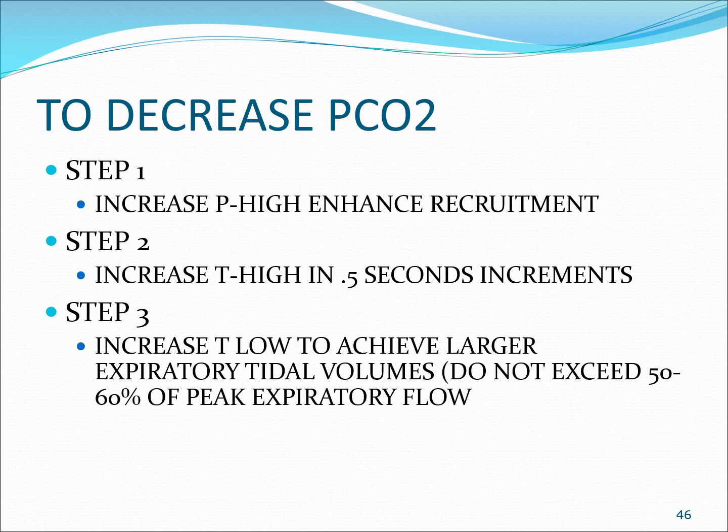Step 3, which you really don't want to do, but you could, is increase the T low to achieve a larger expiratory tidal volume. And you really want to watch that, because if you mess with the T low, you're going to mess with the oxygenation status. And that's probably exactly why you're doing what you're doing with APRV. So don't mess with the T low too much.